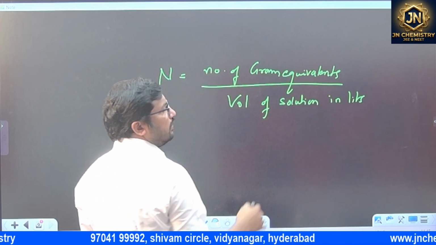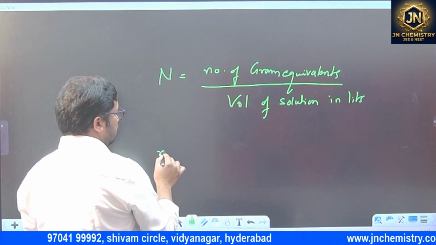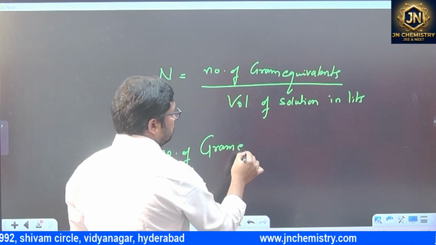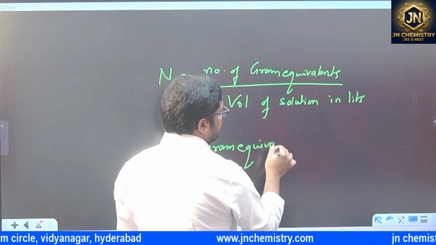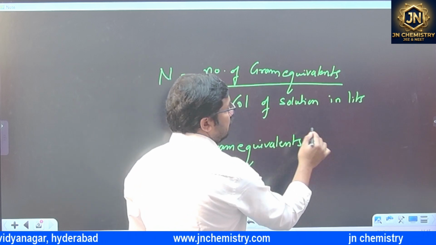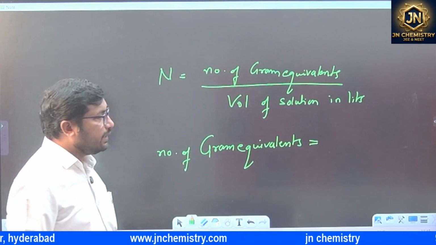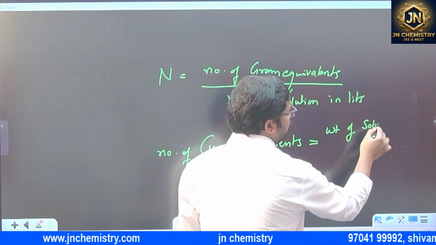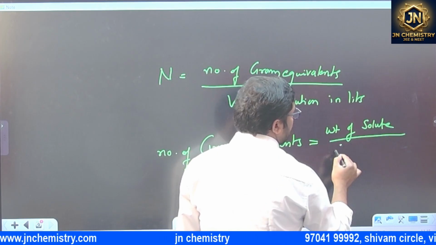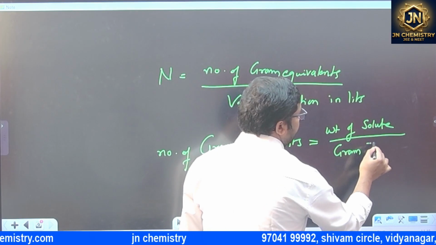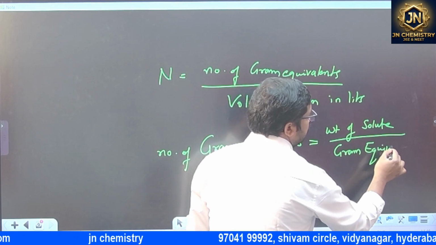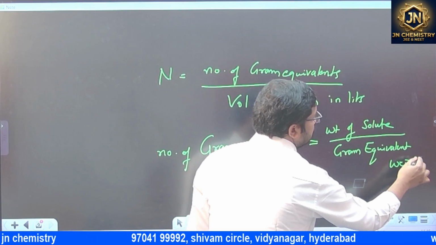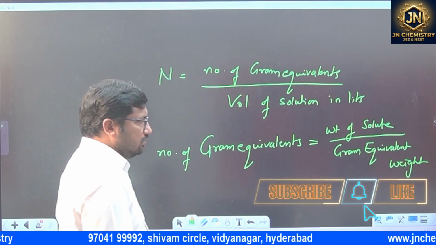So what does number of gram equivalents mean? Number of gram equivalents is equal to weight of solute by gram equivalent weight, GEW you can say.